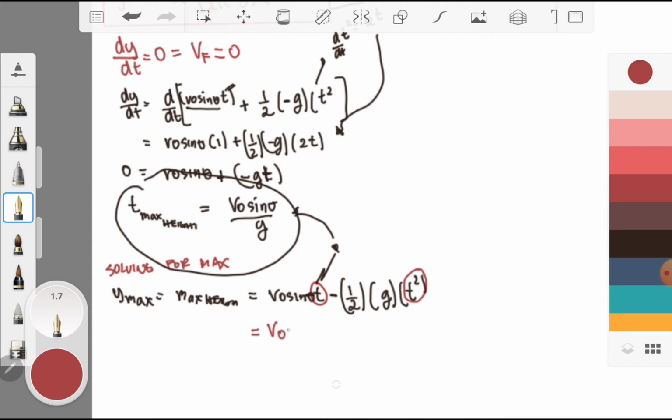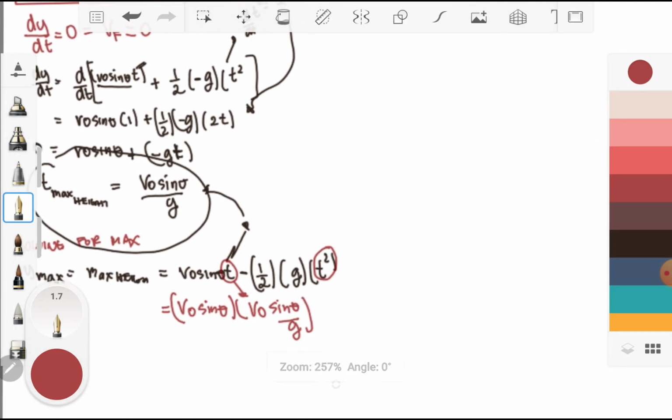We'll have a value equal to VO sine theta multiplied by our T max height, which is VO sine theta all over G. Right? Okay? Which is this equation. Less our 1 half multiplied by our G multiplied by our T squared, which is VO sine theta all over G squared.